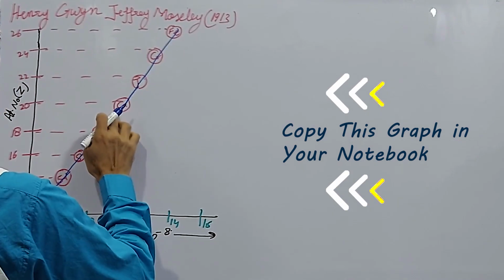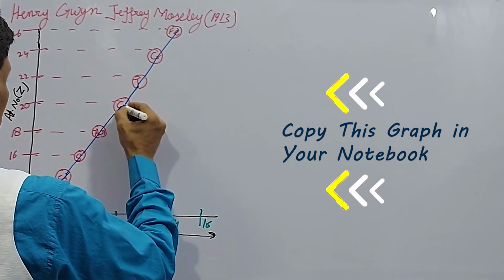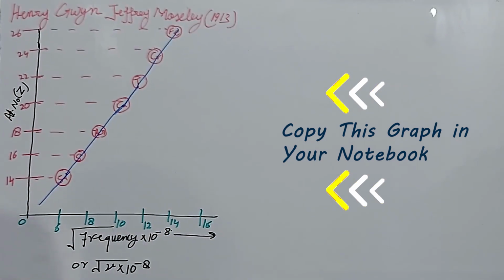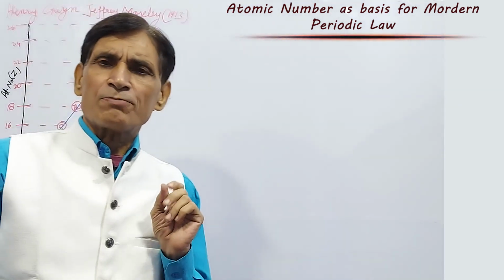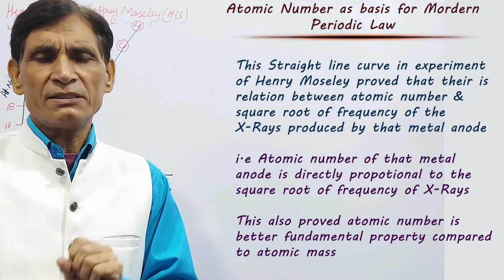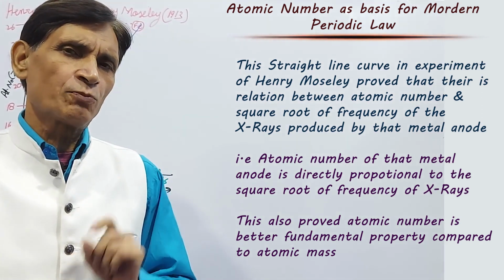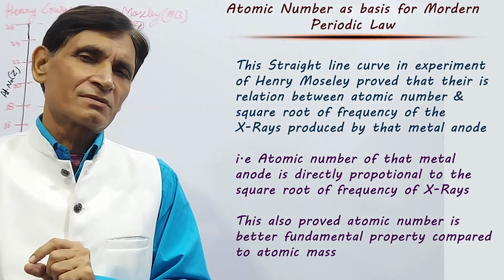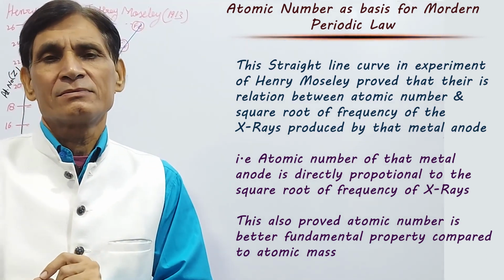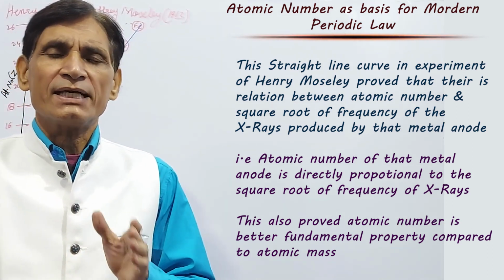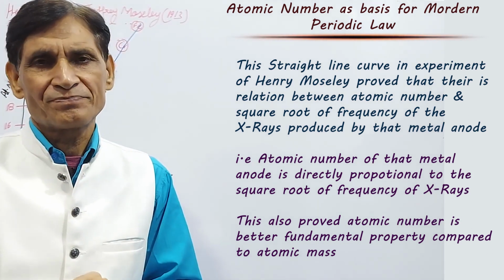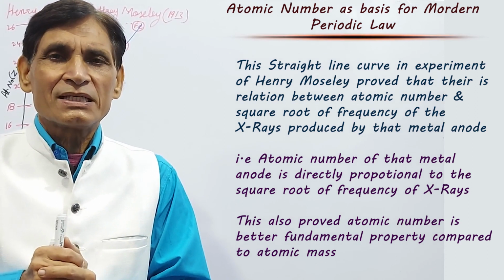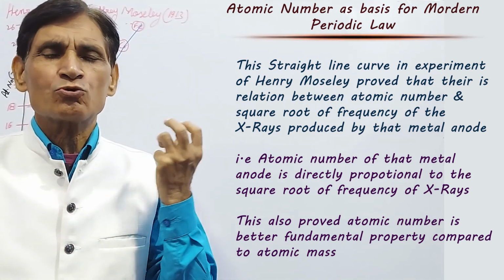Now, this straight line curve in the experiment of Henry Moseley proved that there is a relation between atomic number and square root of frequency of the X-rays produced by that metal anode. That is, atomic number of that metal anode is directly proportional to the square root of frequency.